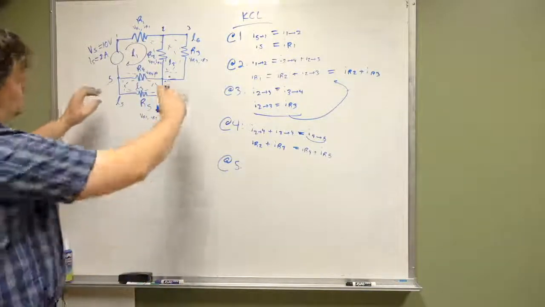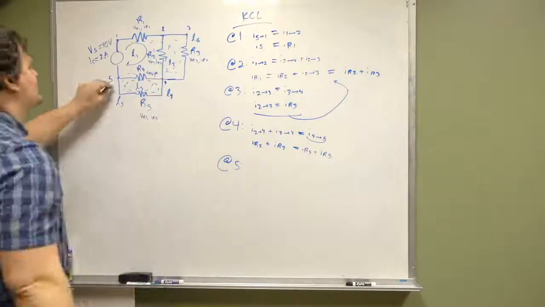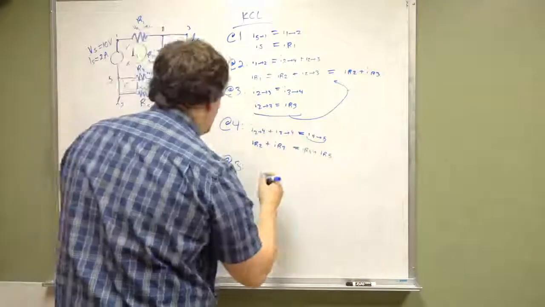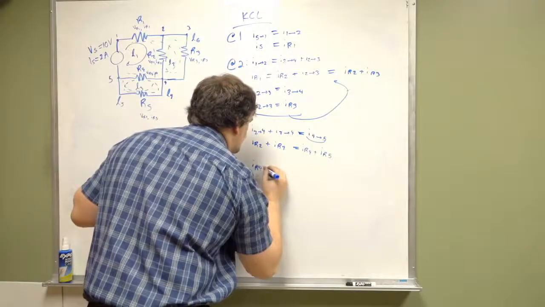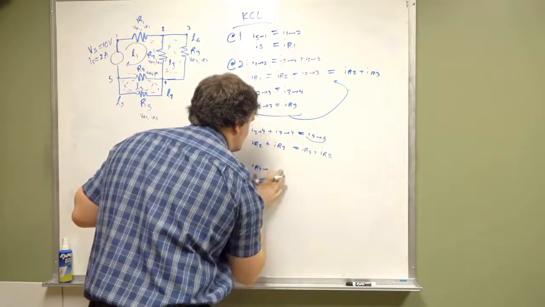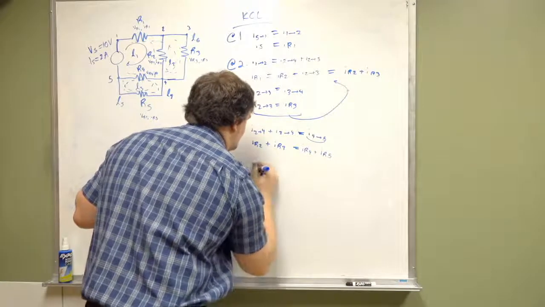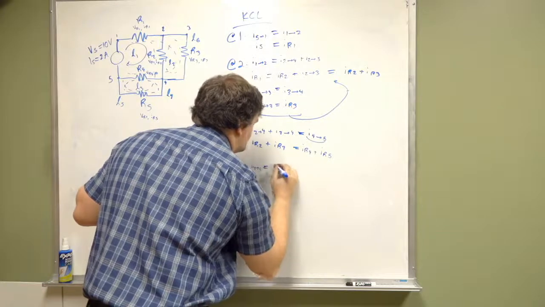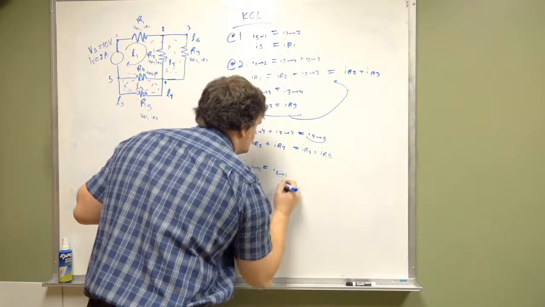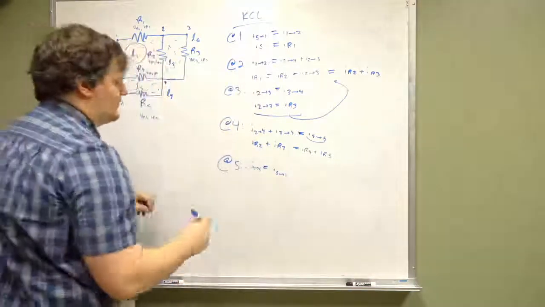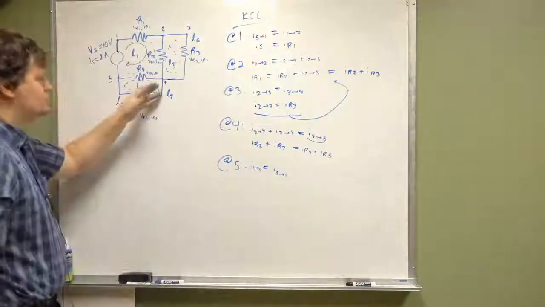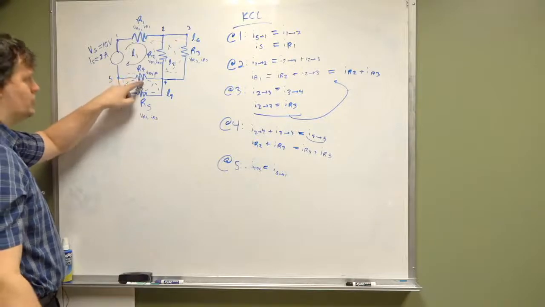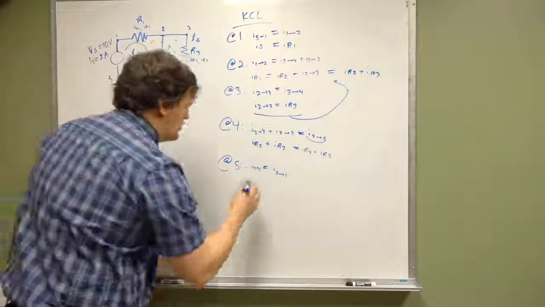At 5, we know that the two branches coming into 5 are equal to the one branch going out. So I4 to 5 is equal to I5 to 1. There are two branches connecting 4 to 5. That includes the current going through R4 and the current going through R5.